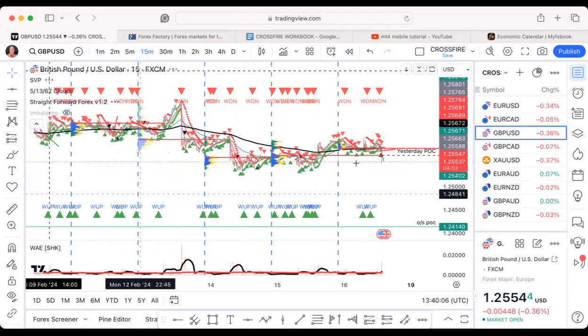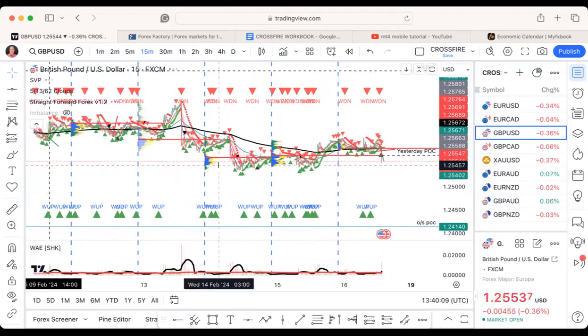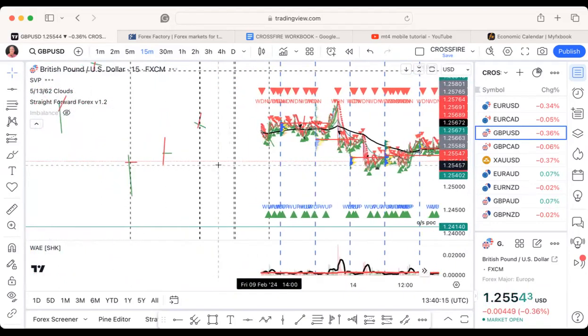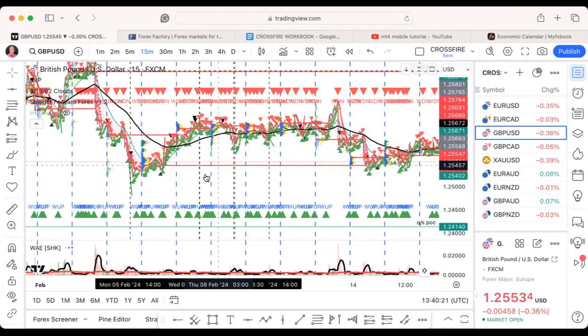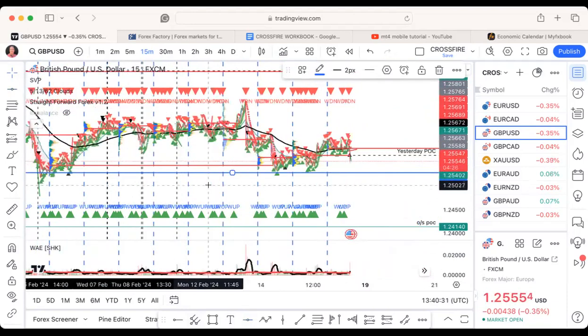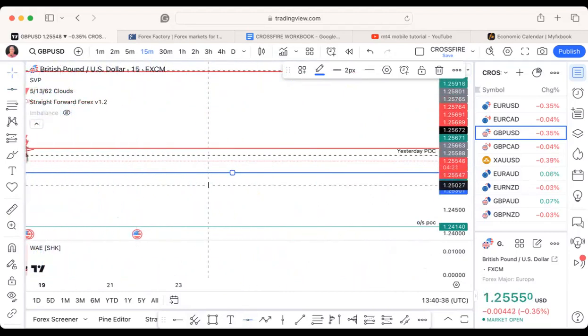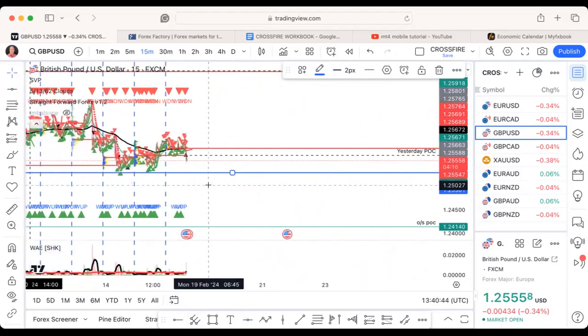This is all pretty much at the level we're at now. Takes a while to catch up. There we go. So we've got some imbalance down here. I'm just marking these roughly just to give you an idea what we're looking at. So let's say roughly there, and then go back to where we are now. If I was trading this, I would look a lot more carefully, but I'm just doing it roughly.